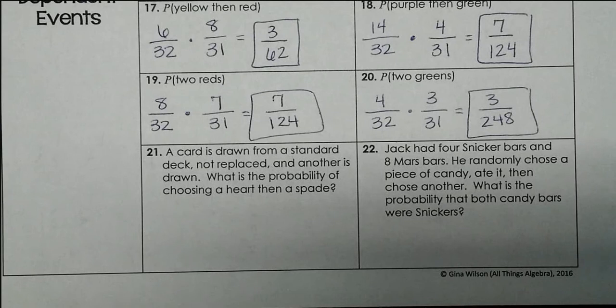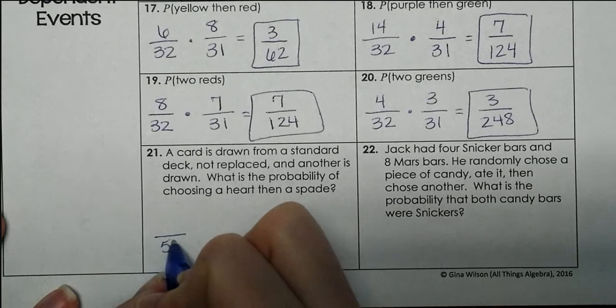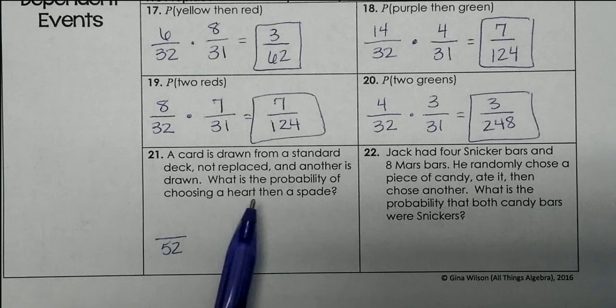Okay, last two. A card is drawn from a standard deck, not replaced, and another is drawn. What's the probability of choosing a heart and then a spade? So, if you think about it, at first there are 52 cards in a deck. And then we've got to choose a heart first.